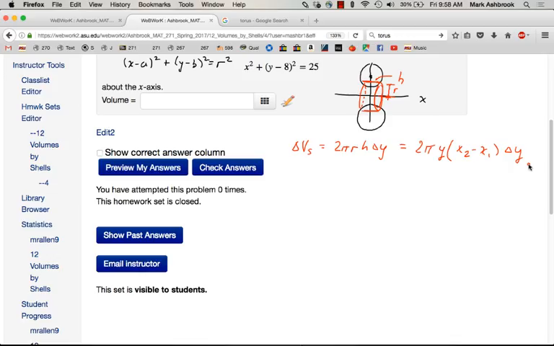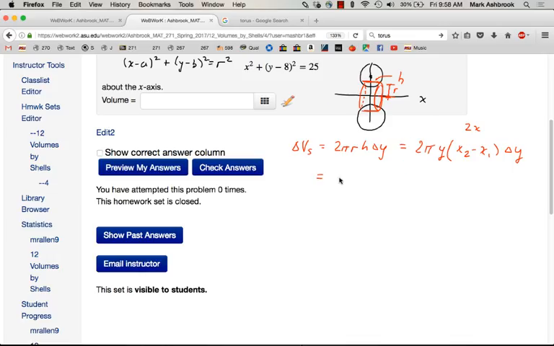So you could do x2 minus x1, or you could just say 2x. If you can recognize that 2x is a little bit easier, because then you only have one x value to find. x2 minus x1 means you have to identify two x values. But if you notice, this one has symmetry about the y-axis, so that height is 2 times x. So we'll go with that.